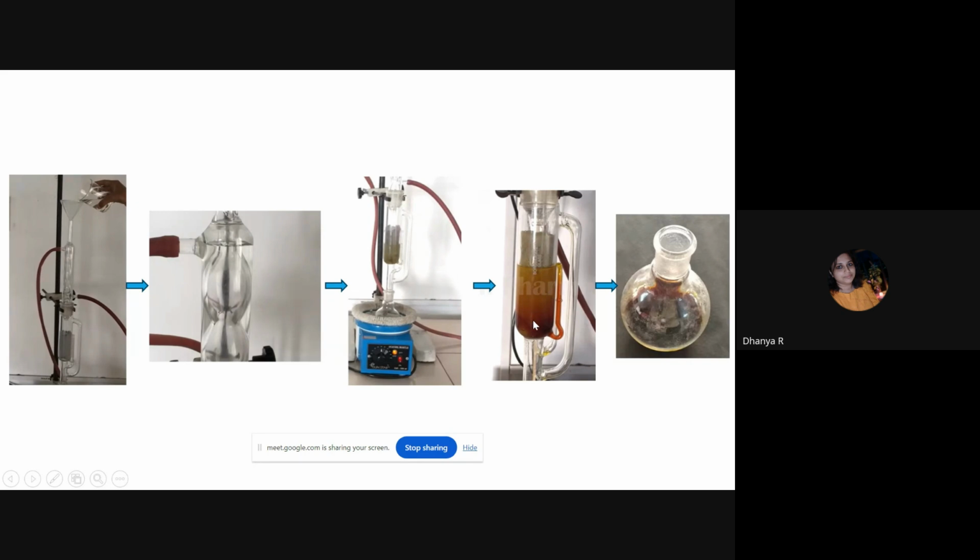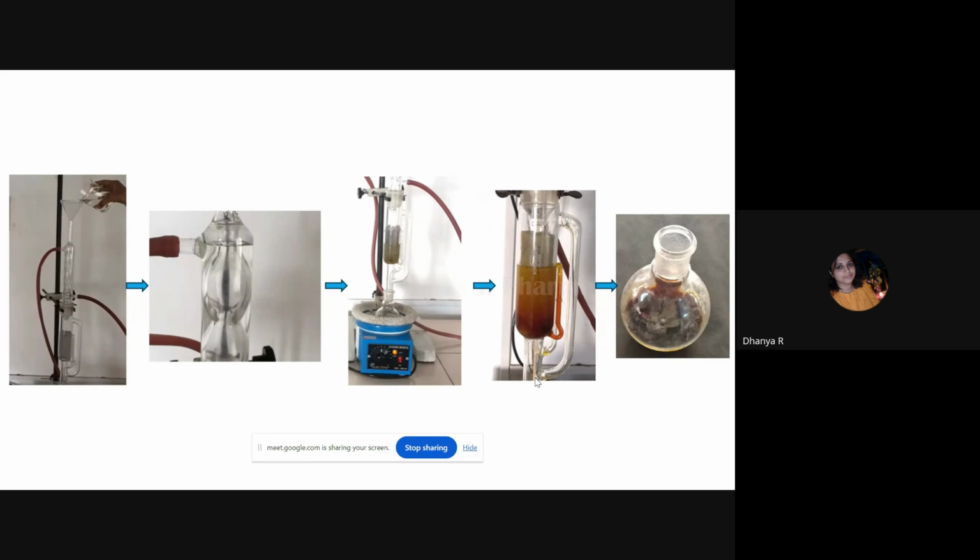The solvent in this thimble rises slowly, and then through the siphon tube, it falls back into the round bottom flask. And this process will run continuously.